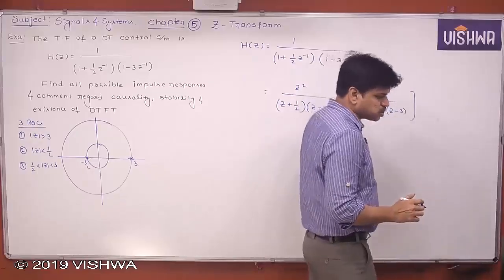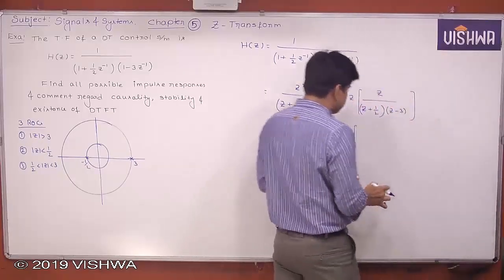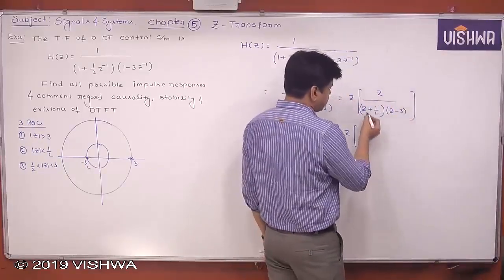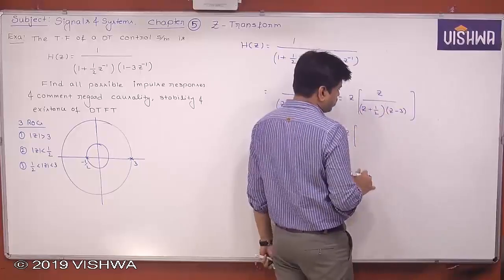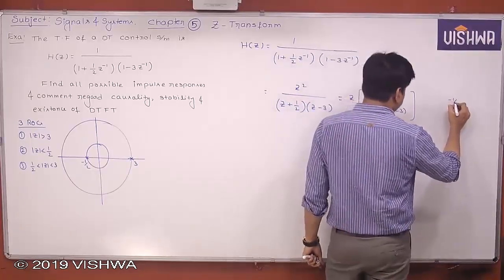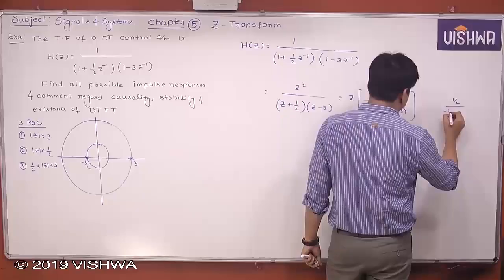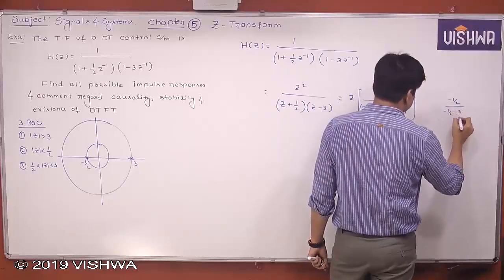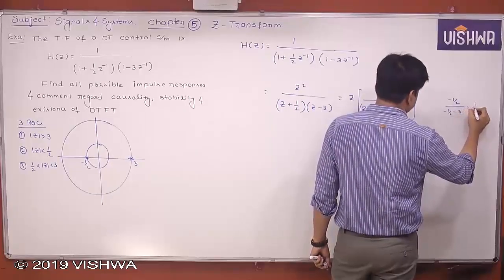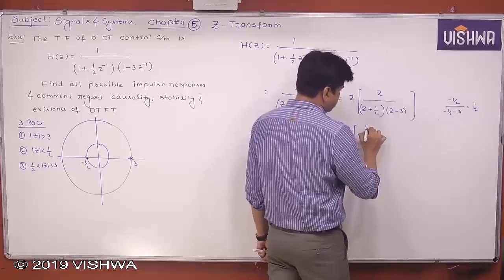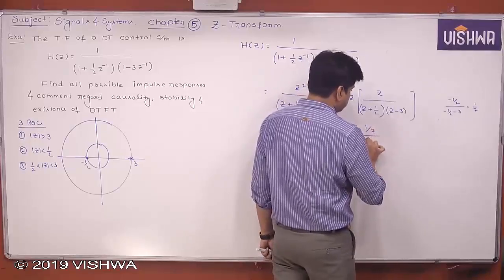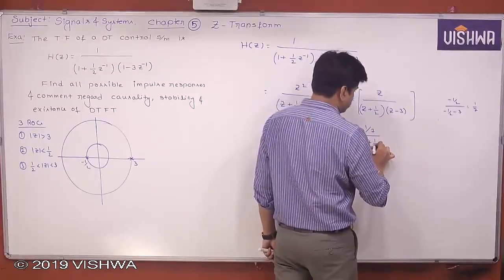So this is going to be 1 by 7. By covering z plus 1 by 2, we place minus 1 by 2: minus 1 by 2 by minus 1 by 2 minus 3. So this is going to be 1 by 7, giving 1 by 7 by z plus 1 by 2.